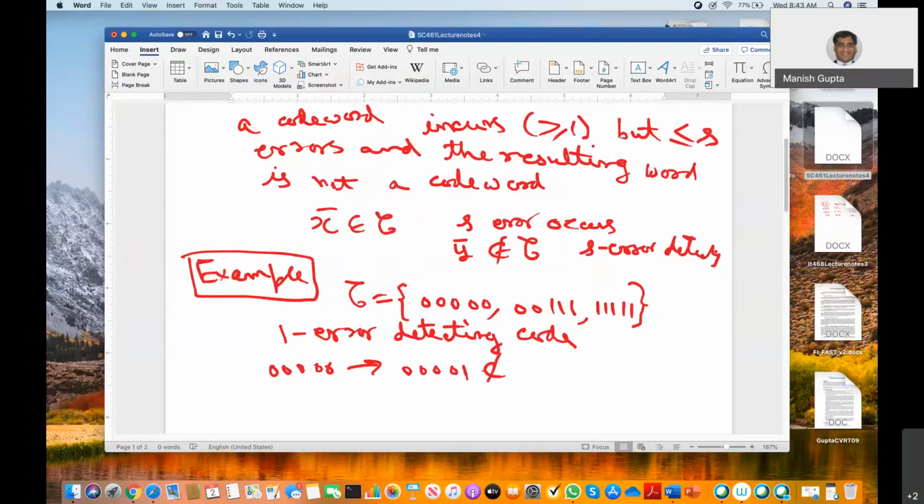This does not belong to C. I can take 11111 and change it in the second last position, 11101. This does not belong to C. I can take any code word and change it in one position, and the resultant vector is not another code word. So this is one error detecting. S is one here.